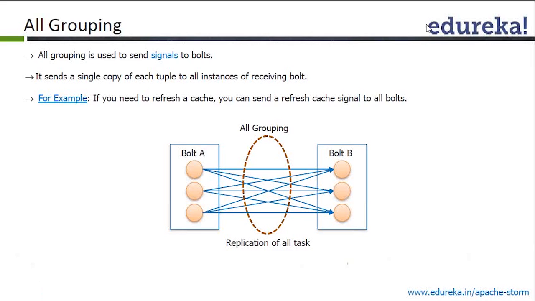You can use all grouping in those cases in order to send the signals. Typically it is called sending the signals altogether. Sundar gave a nice example, defaulter list to the bank.